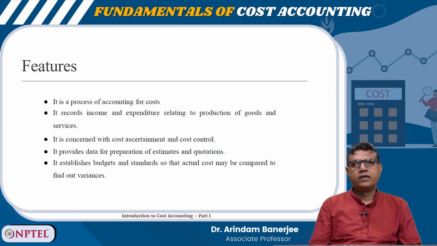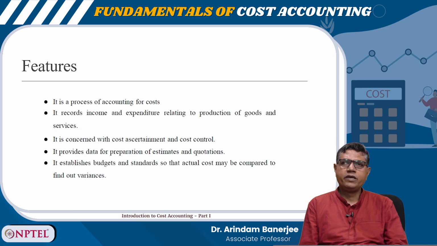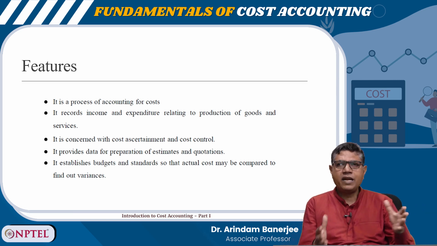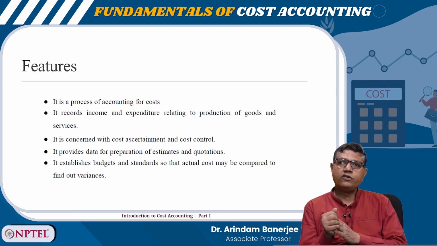Now, you see, some amount of cost accounting data is historic in nature. That is, we calculate the cost accounting data from our previous records, summarize them and put them in a statement. But it is also required for our future forecasting.